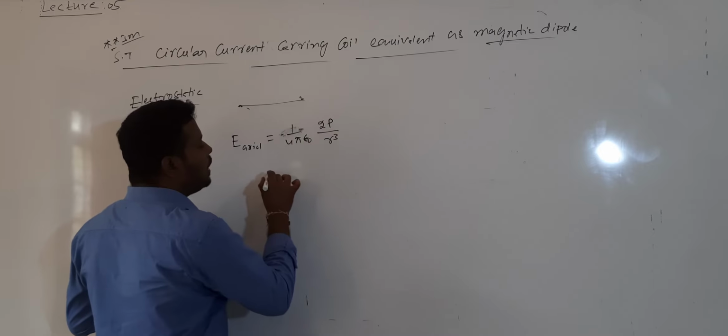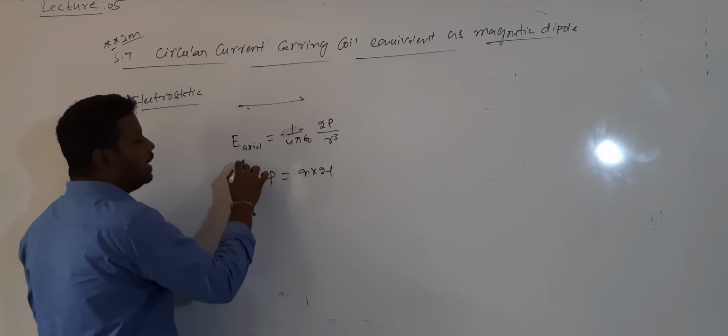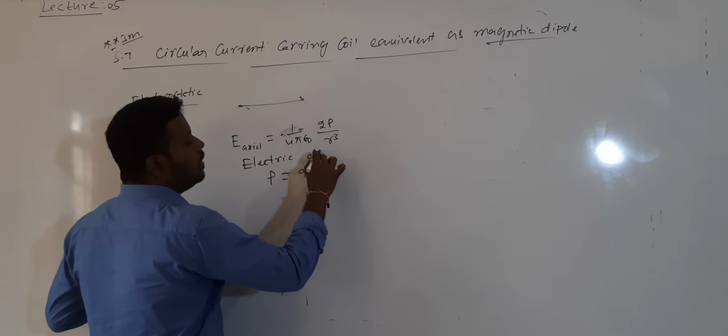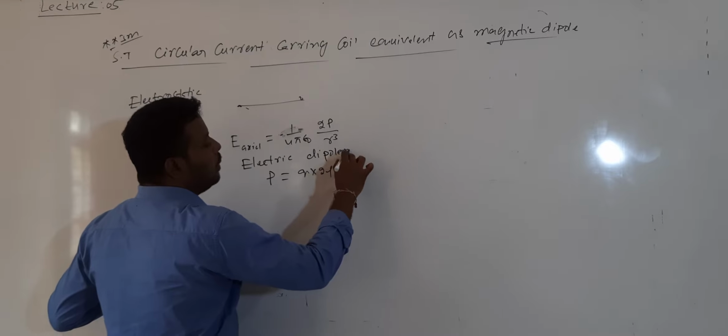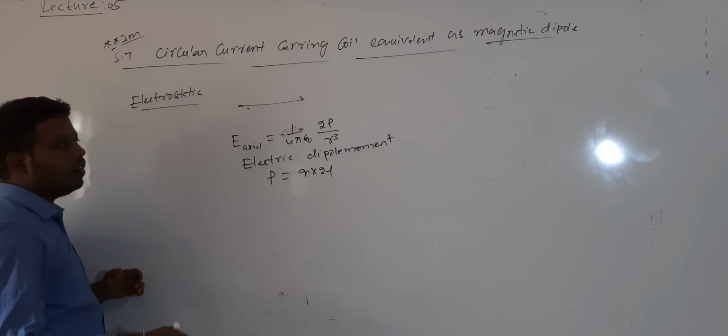P is called the dipole moment, P is equal to Q into 2L, the electric dipole moment. Long days back I discussed this, that's why I am recalling it once again.